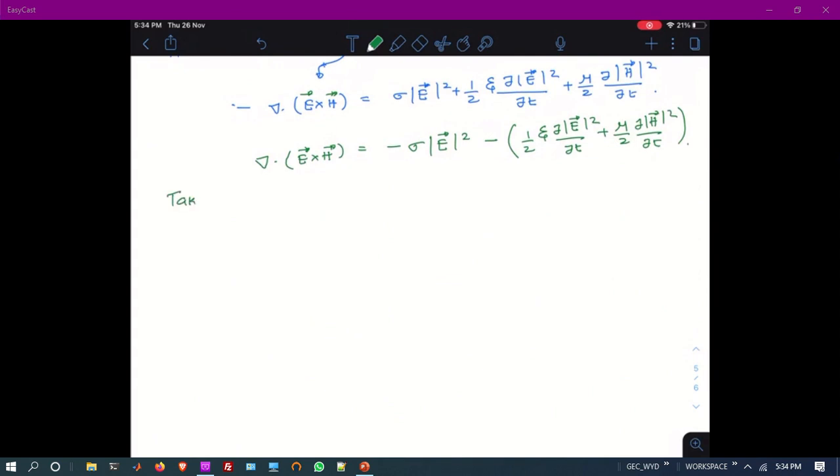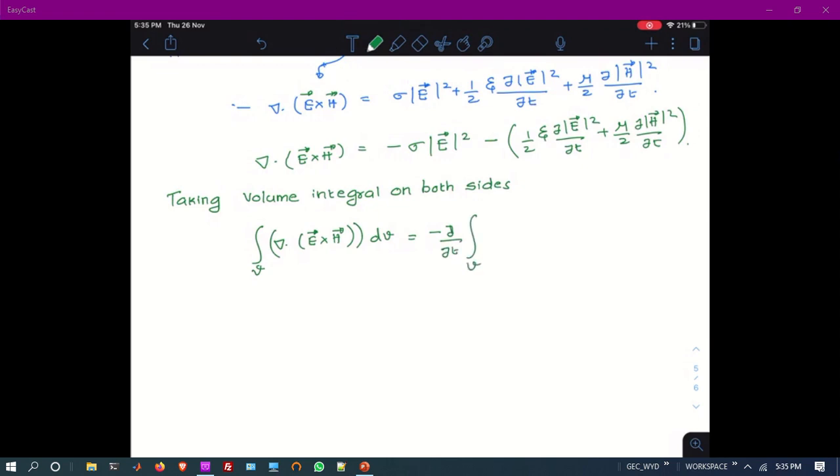So taking volume integral on both sides, we get the triple integral of del dot E cross H dV is equal to minus dou by dou t, the volume integral of epsilon by 2 mod E square plus mu by 2 mod H square, minus volume integral sigma E square dV.